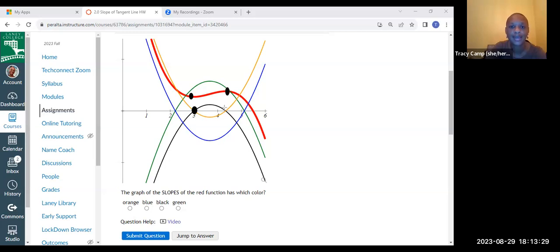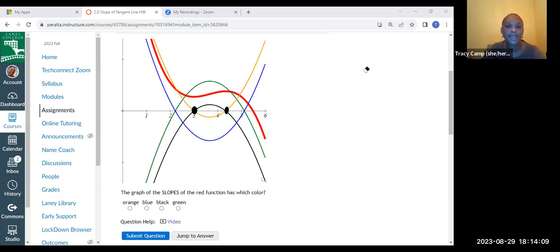It looks like I have zeros right here. They kind of match up, right? That tells me my graph has to be either the yellow graph, or I guess they call it orange, or the black graph, because the orange graph and the black graph are the only graphs that hit the x-axis at the low and high points of this curve. The high and low points are kind of hard to see with these curves, but oh well.